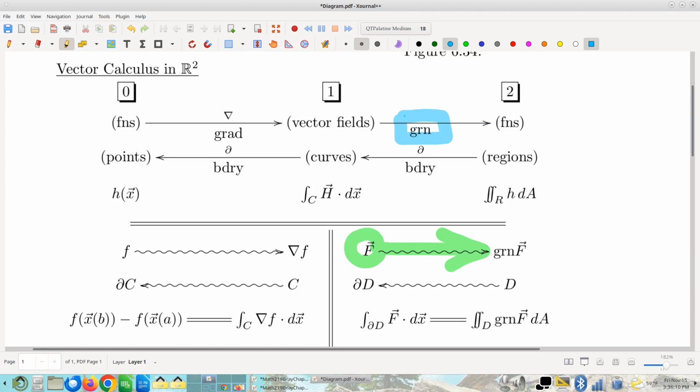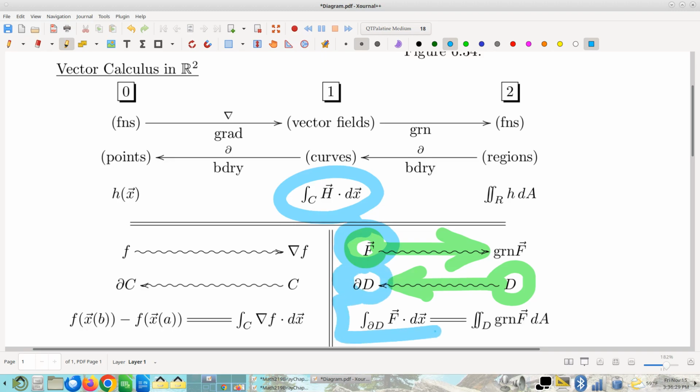Okay, so if you have a vector field and you compute curl, if you have a two-dimensional region and you look at its boundary, and if you do a vector line integral of your original vector field around that boundary curve like so, and if you also do a double integral of curl that you just computed over your original two-dimensional region, Green's theorem says you get the same thing on both sides.